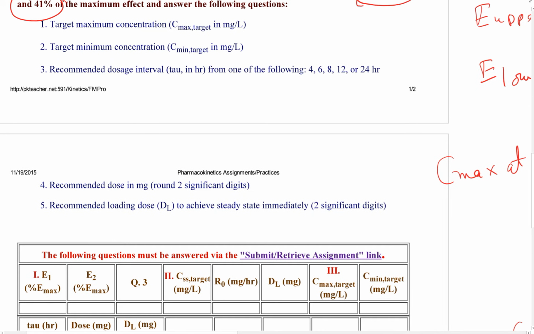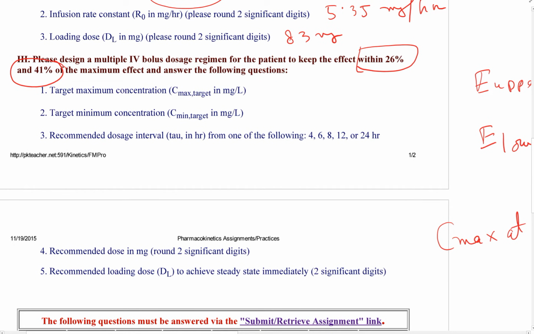So we figured our target Cmax was 10.56 milligram per liter. Target Cmax is 10.56 because we have used 41.